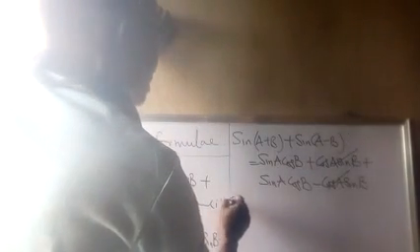So we have sine (A plus B) plus sine (A minus B) is equal to 2 sine A cos B. We call that equation 3.